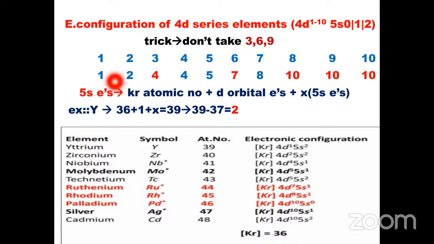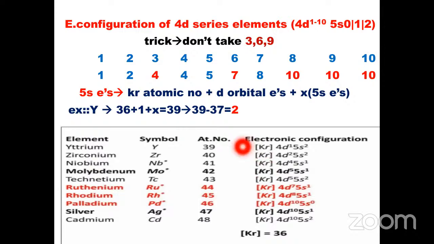So these are the d orbital electrons. Now you will fill these d orbital electrons. Same as here the 5s electrons. How to fill these 5s electrons? Then the 5s electrons are equal to the inert gas element's atomic number plus the d orbital electrons present in the corresponding element, and the 5s electrons, that equals the atomic number of the corresponding element. Okay, for example yttrium. Here the inert gas element is krypton.